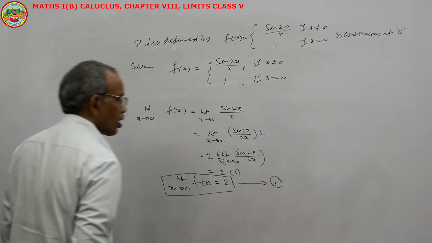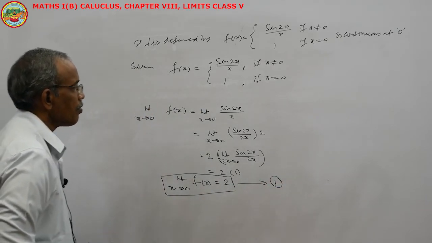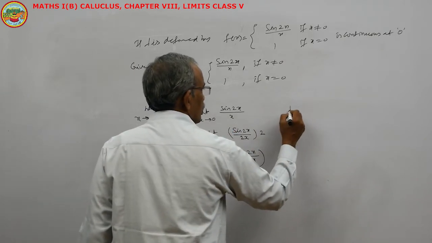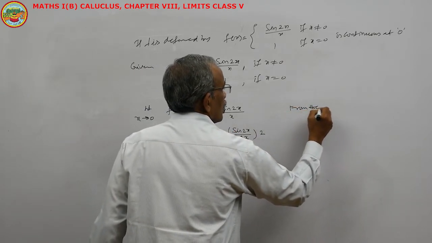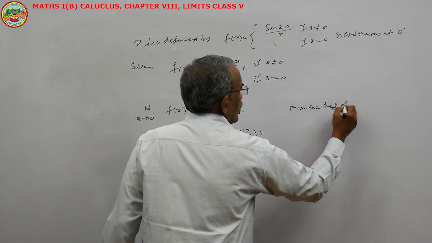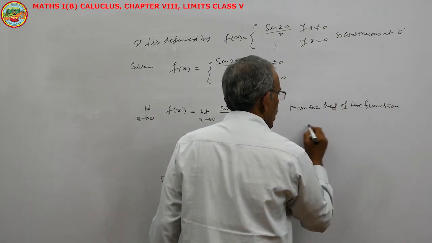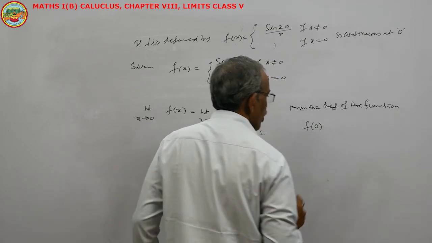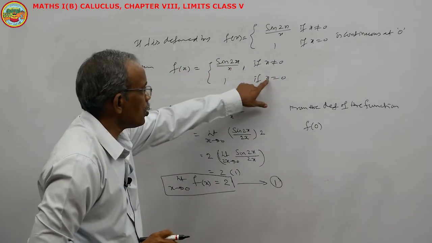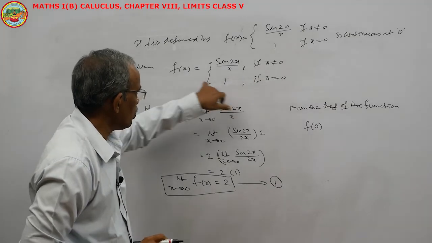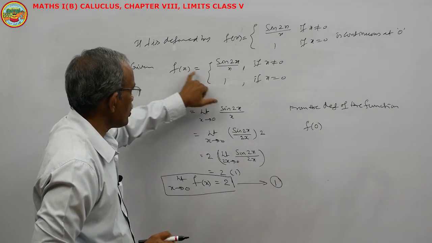This is equation 1. From the definition of the function, f of 0 means at x equal to 0. At x equal to 0, given that f of x is equal to 1.